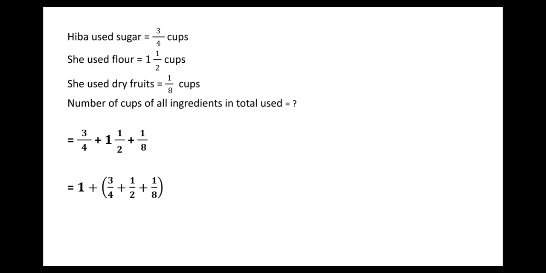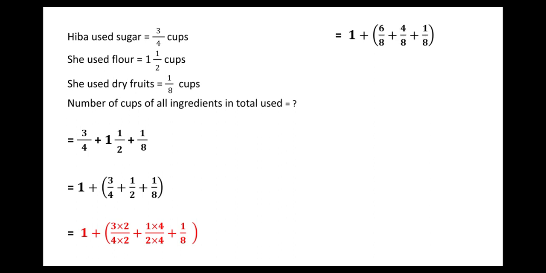We don't need to take an LCM because you can check the denominators 4, 2 and 8. 8 is a multiple of 2 and 8 is also a multiple of 4. So we directly multiply 8 with the numbers 2 and 4. After the multiplication, we get 6 upon 8 plus 4 upon 8 plus 1 upon 8.